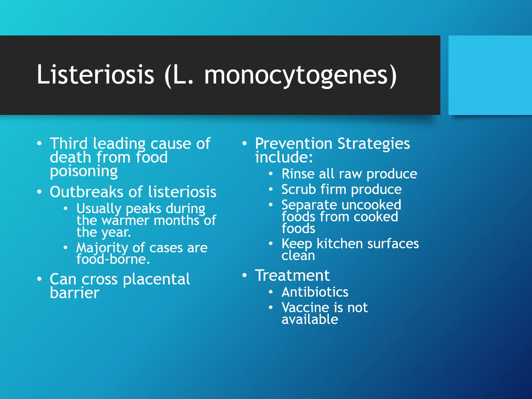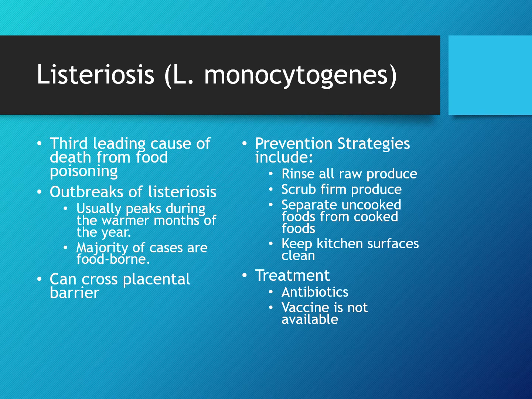Listeria can also cause meningitis in individuals that have had organ transplants, patients with cancer, or pregnant women. Again, those that are immunocompromised are at a higher risk. Pregnant women, in fact, account for 14% of all cases, and they're 10 times more likely to become infected with Listeria than the general public.